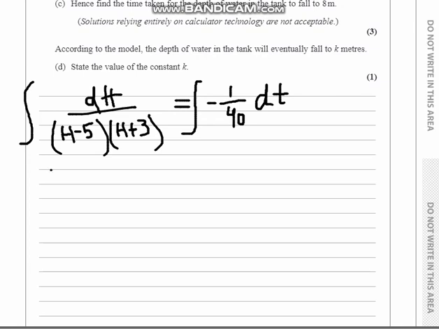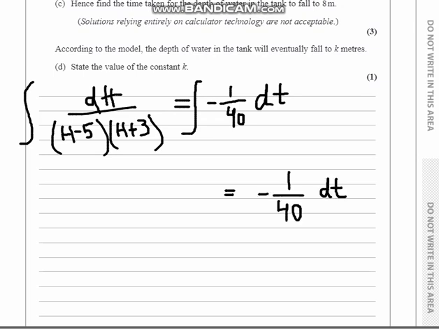Now these are two different functions: this one is in terms of t, and this is in terms of h. So I'll first integrate the dt one. We have minus 1 upon 40 as a normal number, and I told you previously that when we integrate anything with respect to t or x, we add a t here.